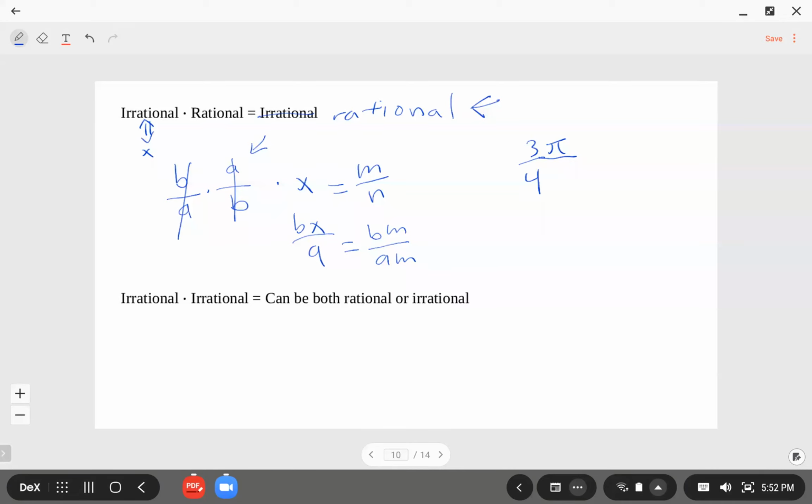And that is irrational, because pi can't be on the top. If it's on the top, it wouldn't be a rational number. However, b times n is an integer, and a times m is also an integer, so this would be rational. And this would be irrational.